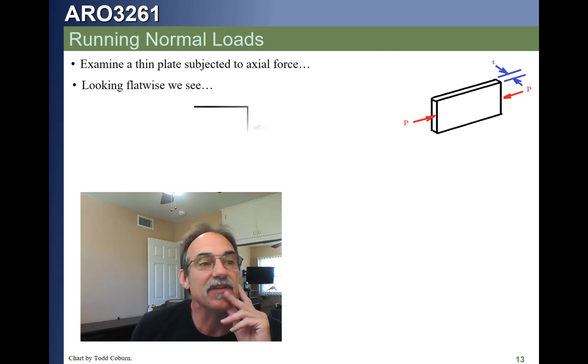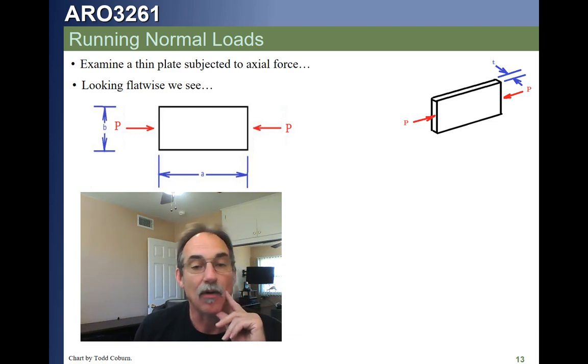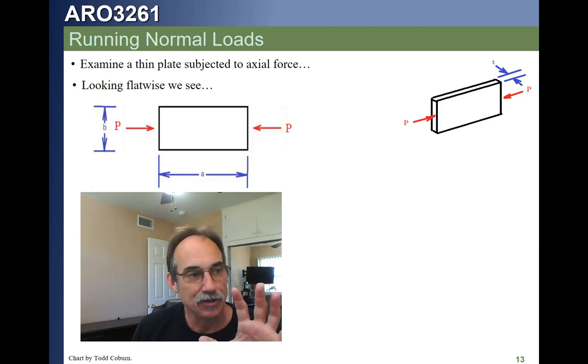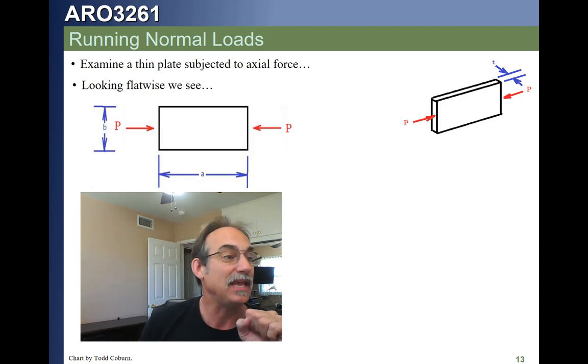So let's say we have this force applied to a rod. The force is P. The stress is P over A. In this particular case, the area is the area that's normal to the force. So actually the stress is P over BT. Now students that don't really understand that much will calculate P over BA.